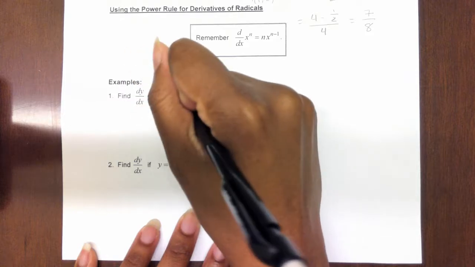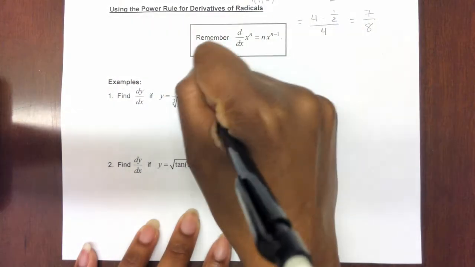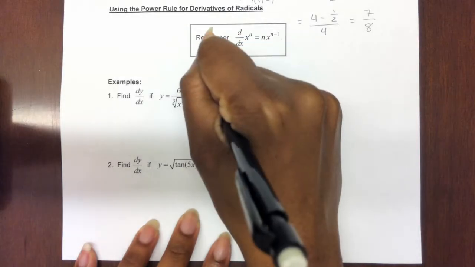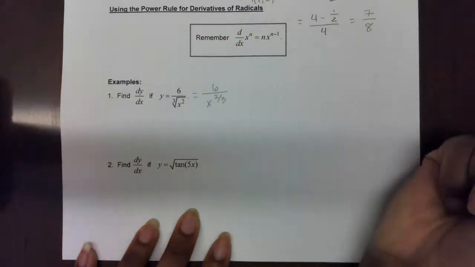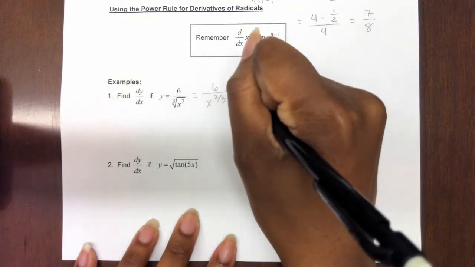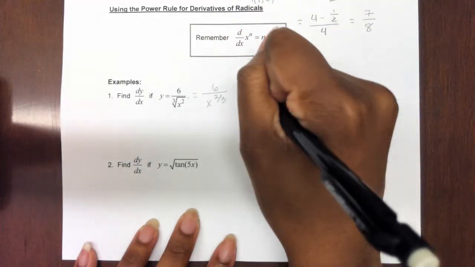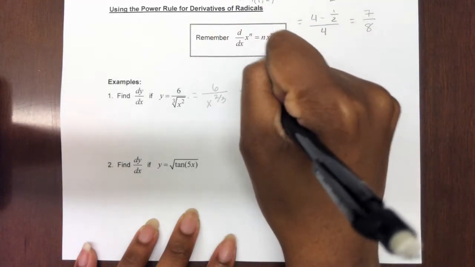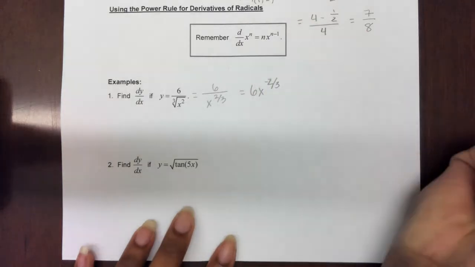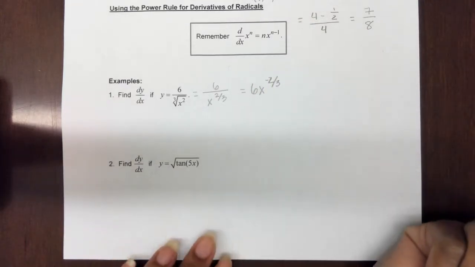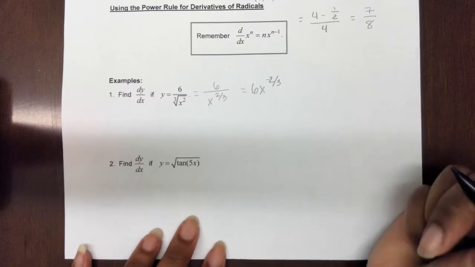We know that cubed root of x squared can be rewritten as x to the 2/3. And to write a fraction in exponents, we just make the exponent negative. So we have 6 times x to the negative 2/3. That is our function in exponent terms.